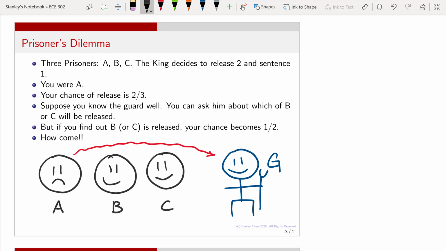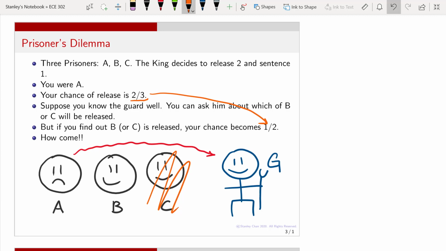Among the three, you can eliminate one of them, right? Because you talk to the guard, and the guard will help you eliminate one person for sure. And so now your chance of being released will drop from 2/3 down to a half. Because you knew that C will be released, then it is a game between you and B. So your chance of being released is reduced.